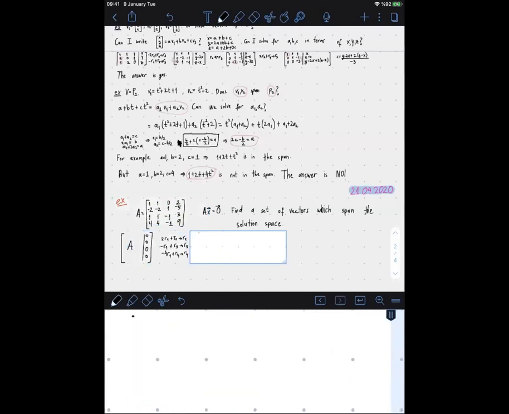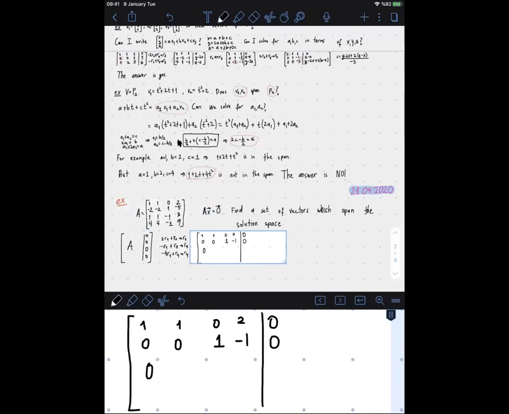Let's see what happens. The first row does not change. This becomes 0, 0, then 1, -1 and 0.